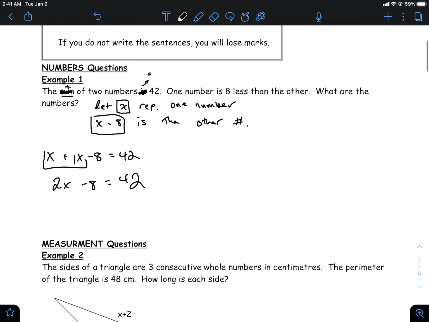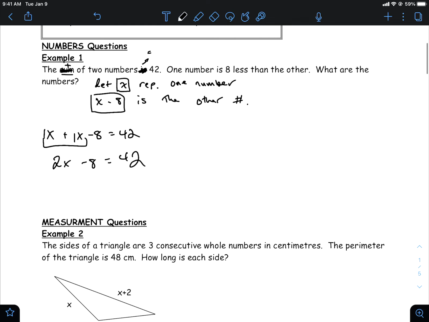Right? So you say, okay, I still don't have the numbers on the right, so do that. Add 8, add 8. So 2x is going to equal 50. Are we all right?